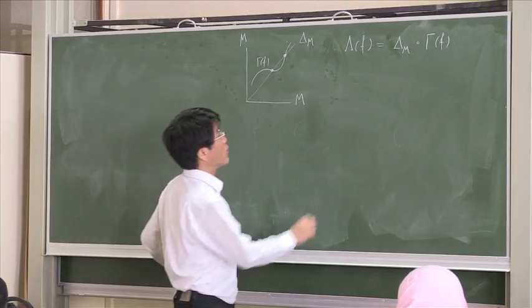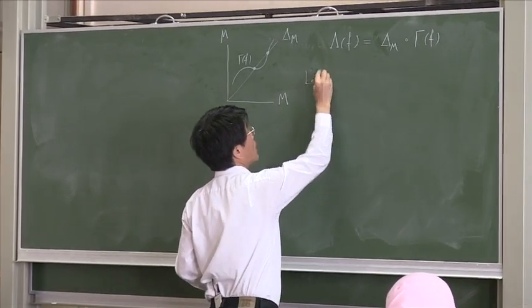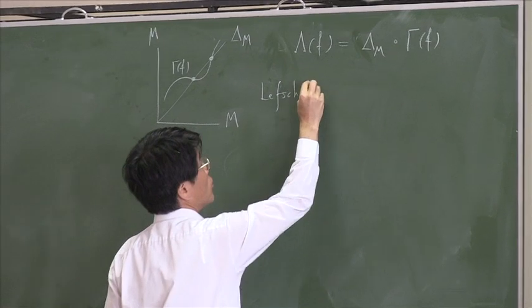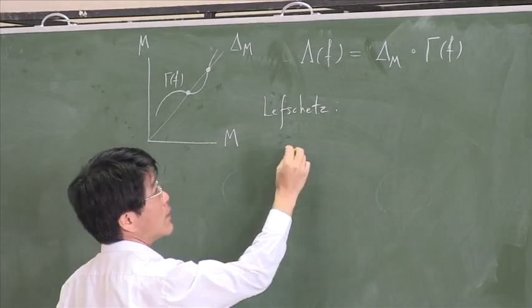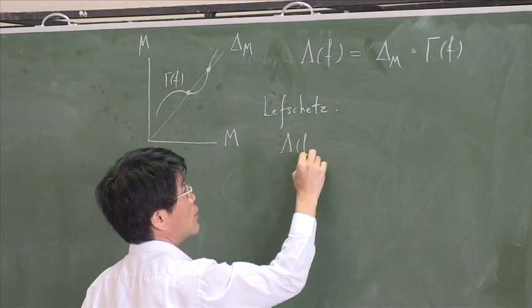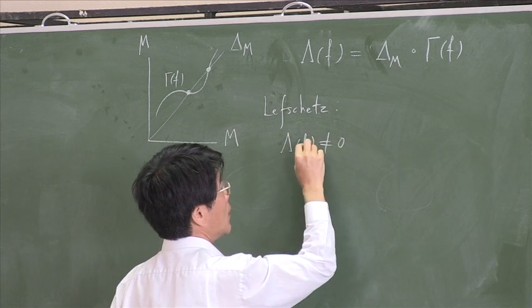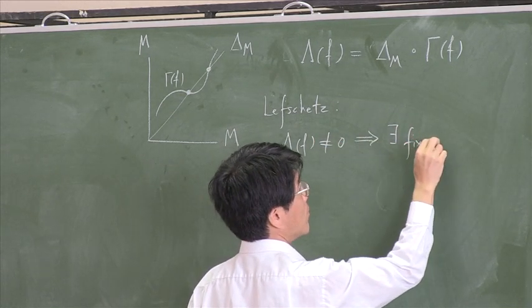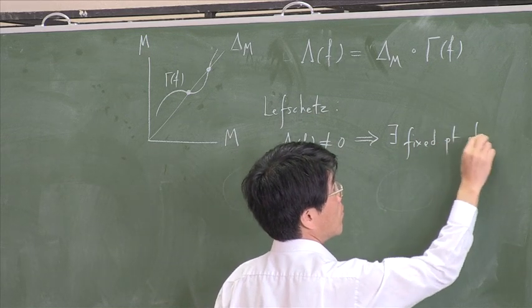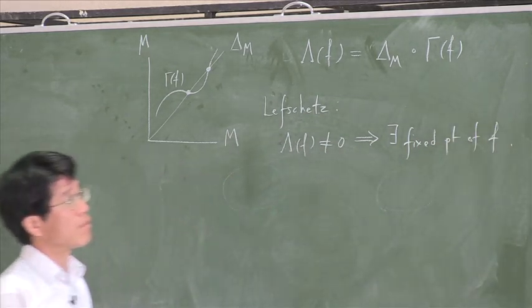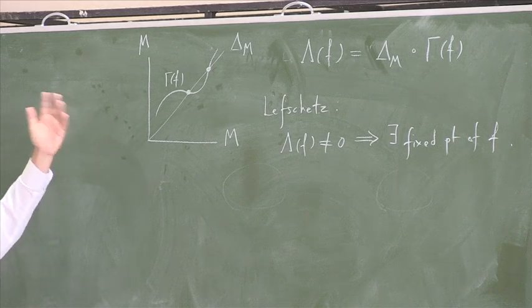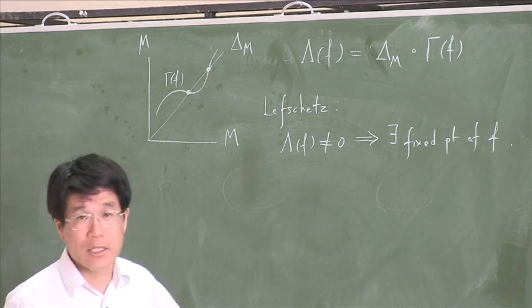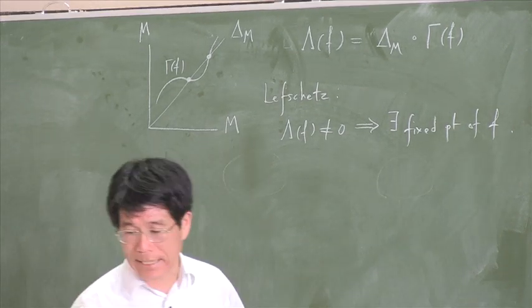And the Lefschetz fixed point theorem was the almost obvious statement that if this Lefschetz number is non-zero, then there must exist fixed points. Obvious, because if there are no fixed points, then the Lefschetz number is 0. So that's what we had yesterday.